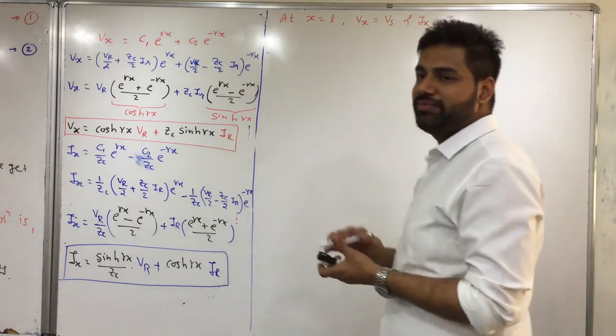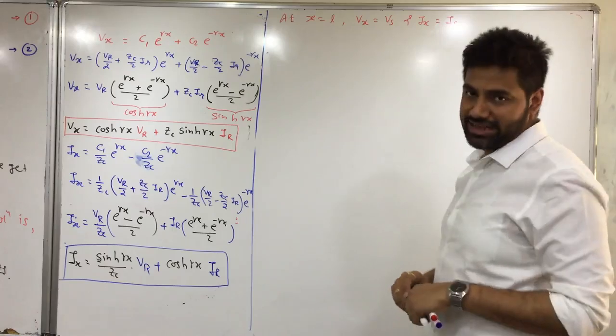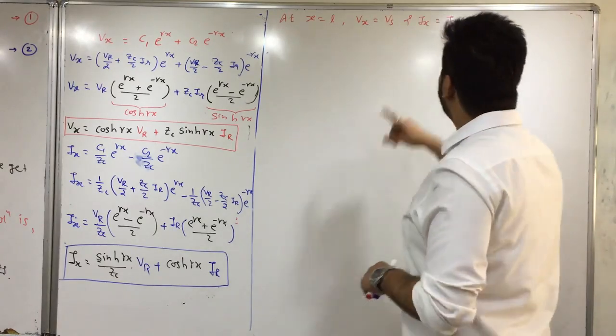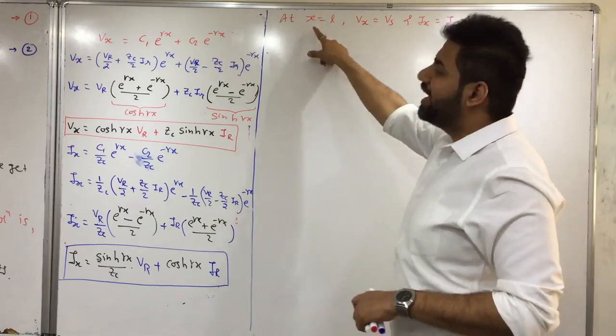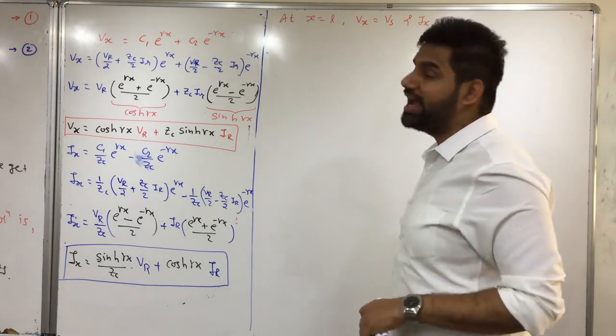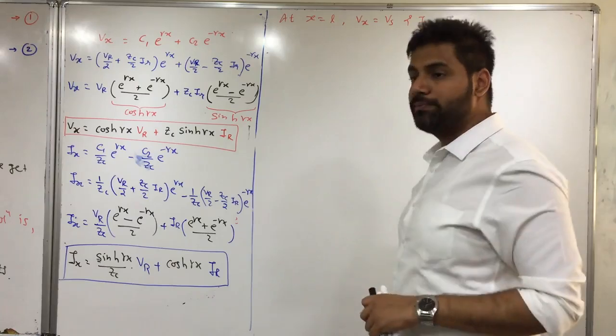From the figure you can say that. You can definitely see it in your notebook that at x is equal to L, that is the total length we have, Vx is equal to Vs and Ix is equal to Is.